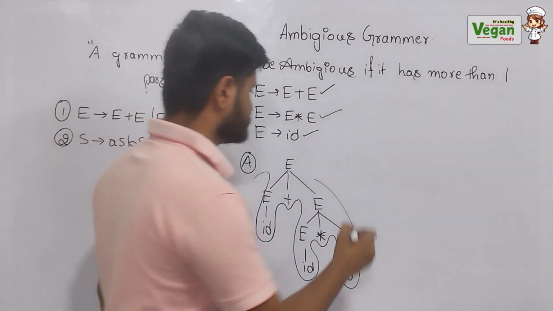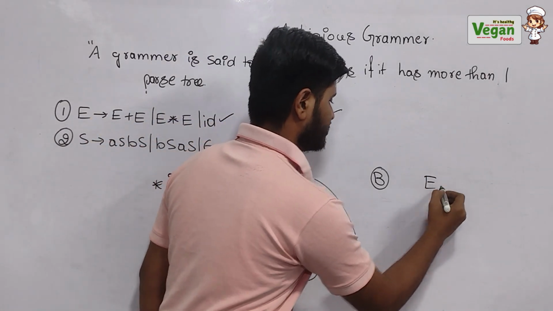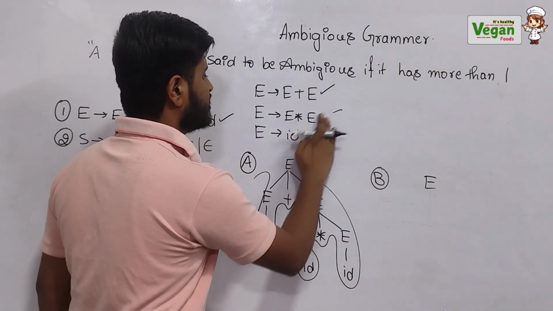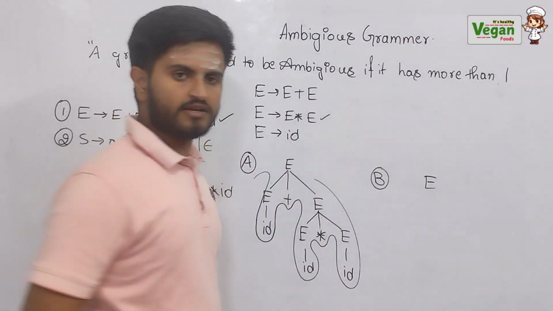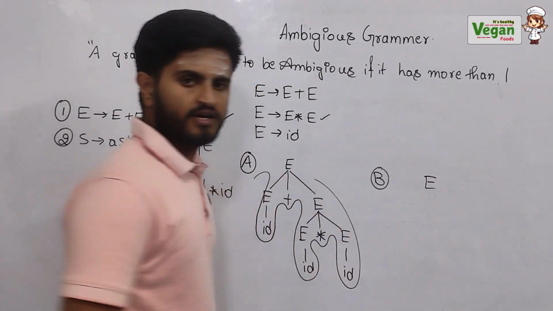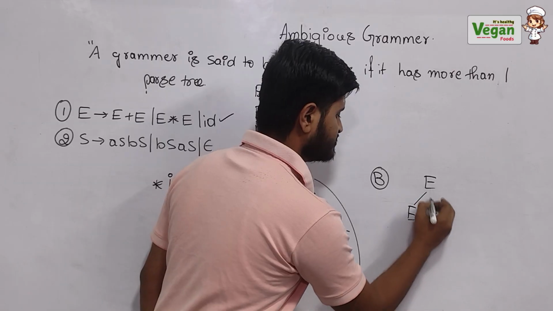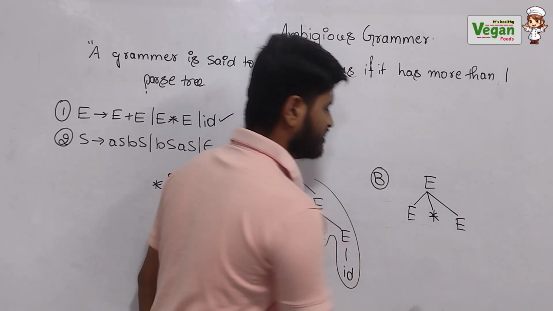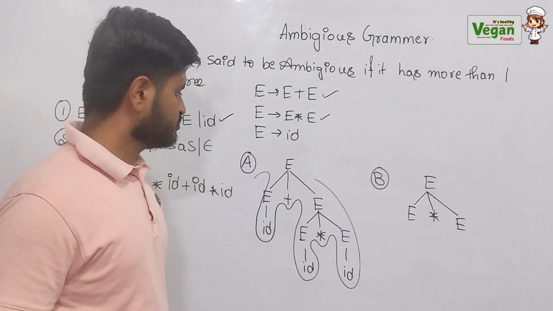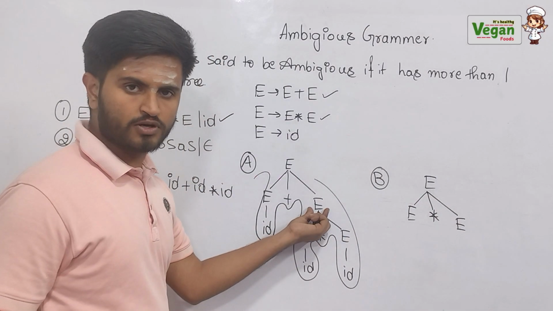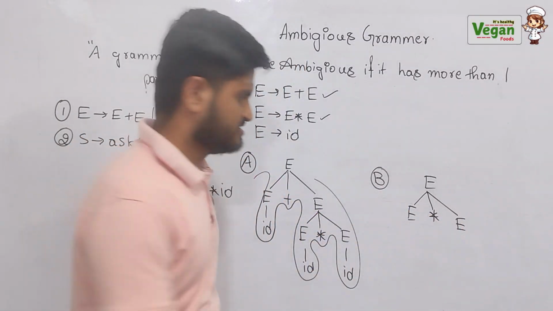Now let's try to construct another parse tree, B. In A, I took E producing E plus E at the starting. Now let's consider E producing E star E. And another production is E producing E plus E. Where I took the branches for E in the previous one, there only I must take the branch.